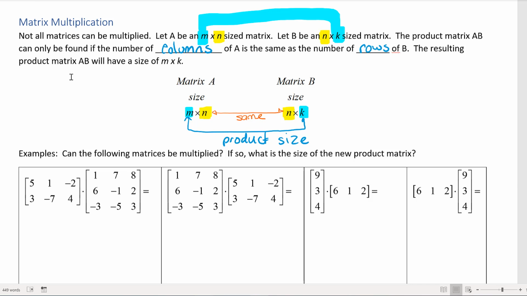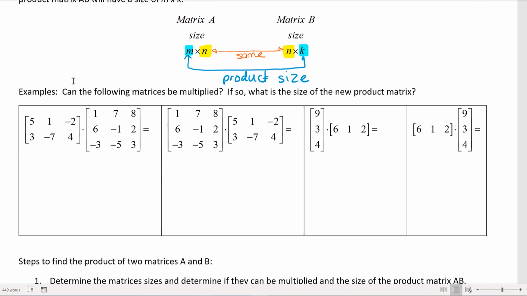So before we actually get into summation and multiplication, let's just figure out if we can actually multiply these two matrices, and if so, what is the size of the new matrix. On our first example, we have a 2 by 3 matrix multiplied by a 3 by 3 matrix. Looking at this, are the columns of my first matrix equal to the number of rows in my second matrix?